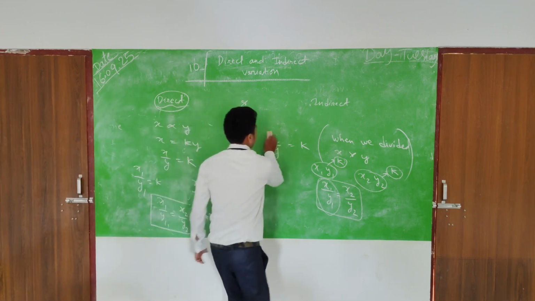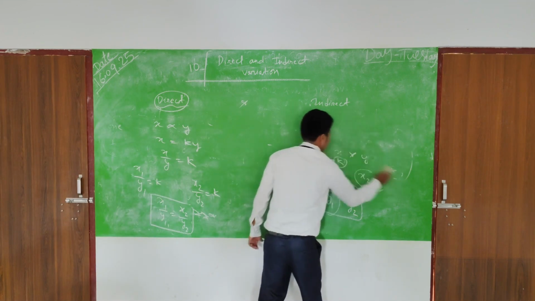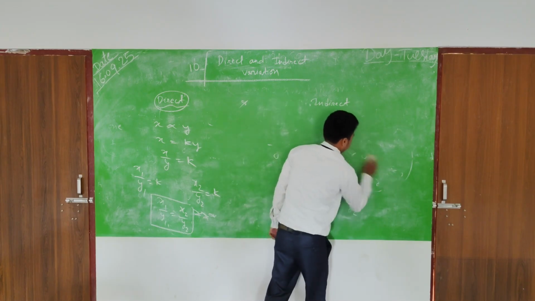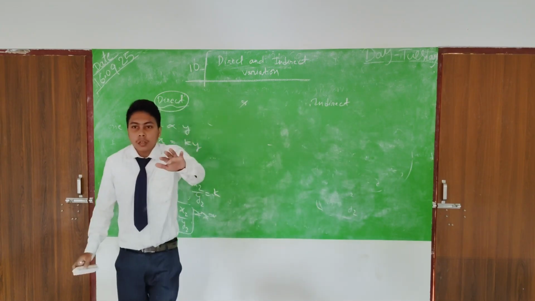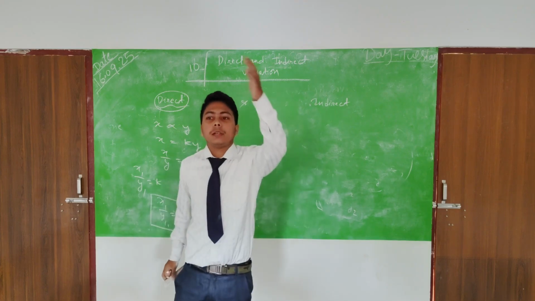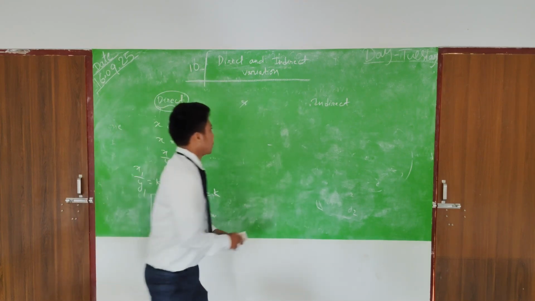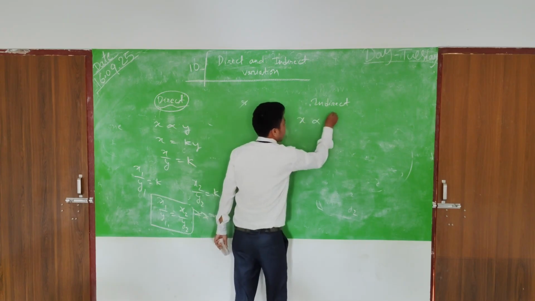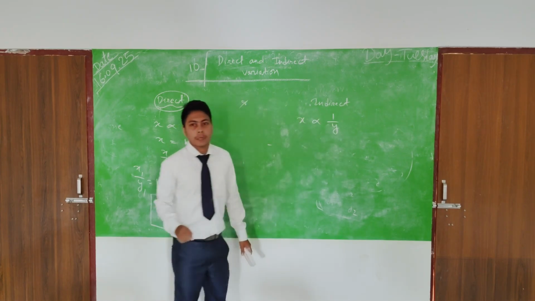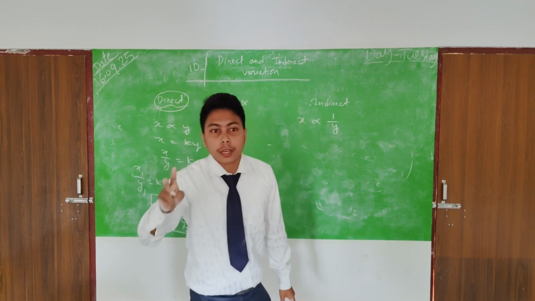Now come to indirect variation. In the same way we will quickly complete this one. We have already done it, we are just writing it quickly. Indirect means when one variable increases, the other variable decreases. That means in mathematics we represent it as x inversely proportional to y. There are two ways to pronounce this.